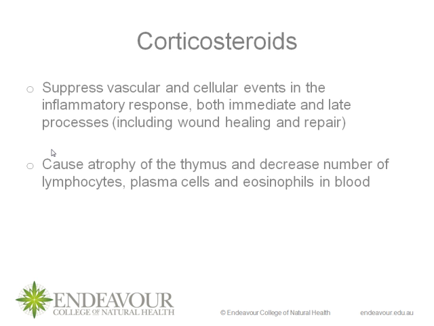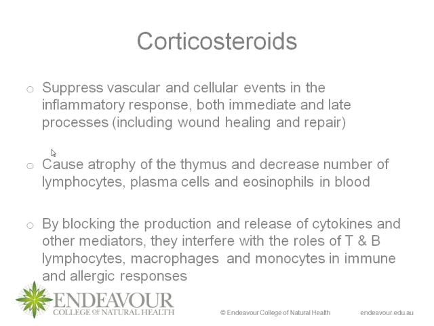Because of their immunosuppressive properties, corticosteroids can lead to atrophy of the thymus as its T-cell population decreases. These T-cells are one of those types of lymphocytes. They can also then decrease the number of plasma cells and eosinophils in the blood.